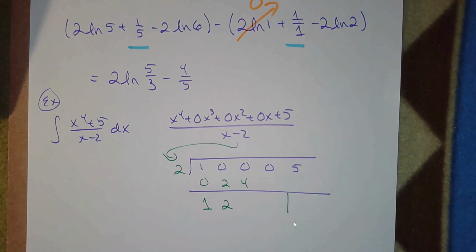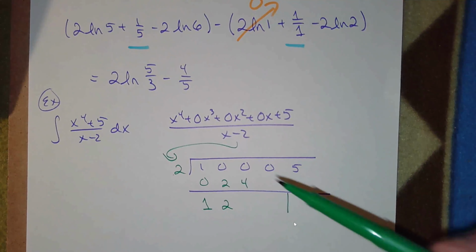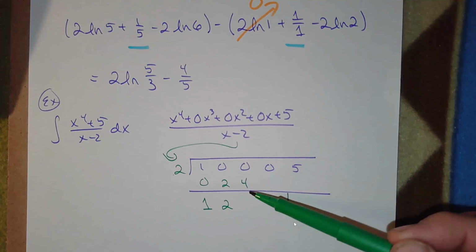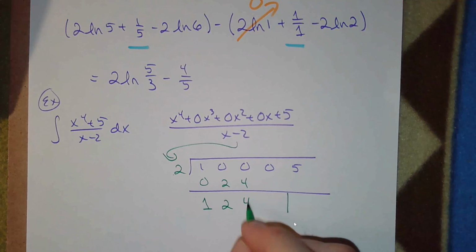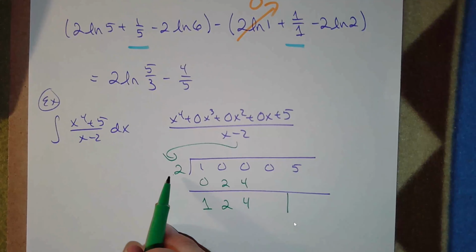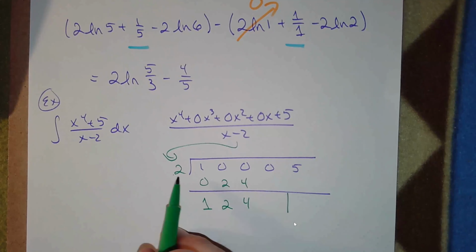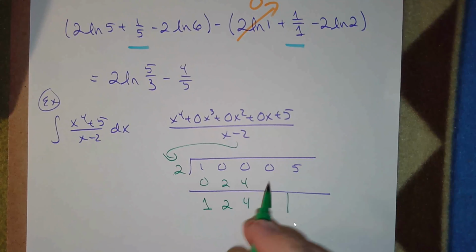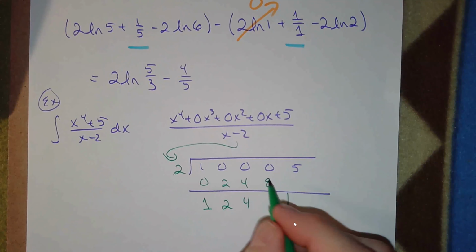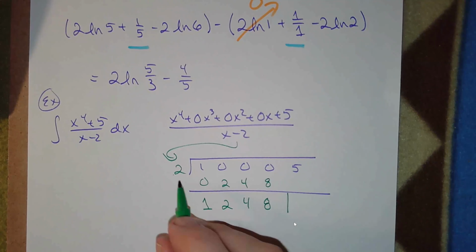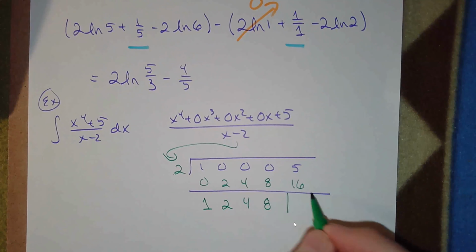Can you do the next one? Try and beat me. Add going down gives me a 4. What am I going to put up here? 2 times 4 is 8. Add going down. And then 16. And finally 21.